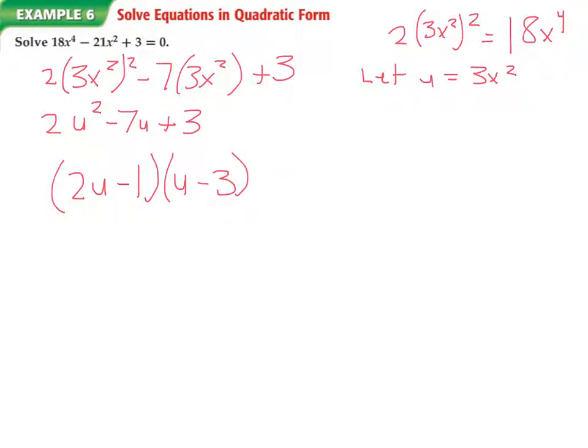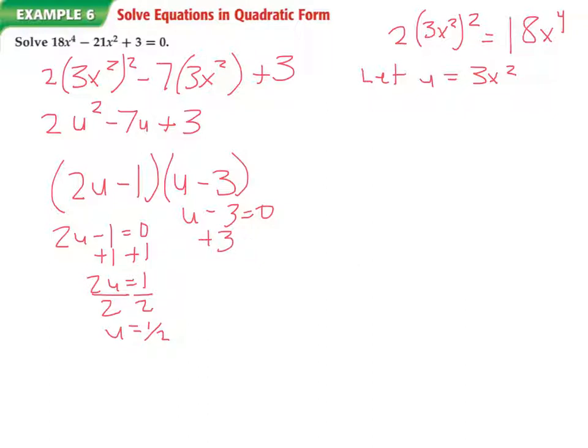And now we can go ahead and solve. So in this case, if I solved for u, I'd add 1 to both sides so that I have 2u equals 1, and then I would divide by 2. So u equals 1/2. And here, if I solve, u minus 3 equals 0.